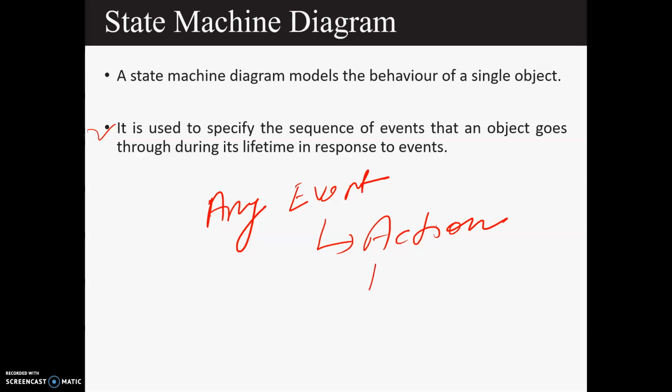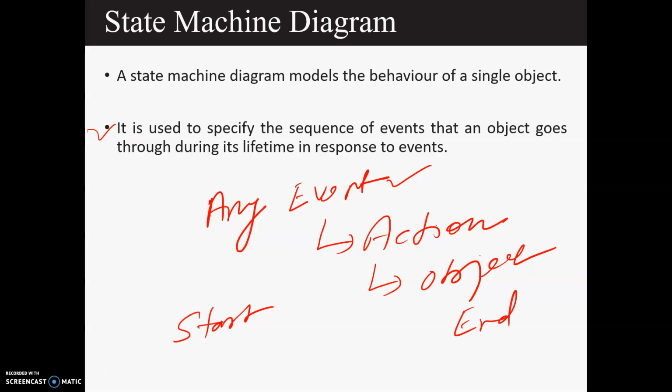You do this action for the object, and in order to perform an event from the start point to the end point, we are performing different actions. Like if you are starting from this point, then you are moving to the next point by performing action A1.